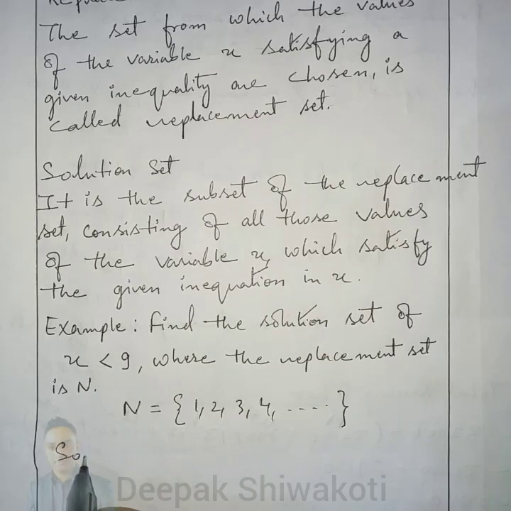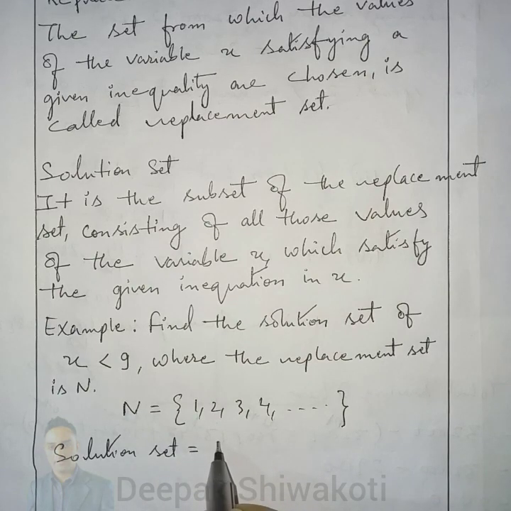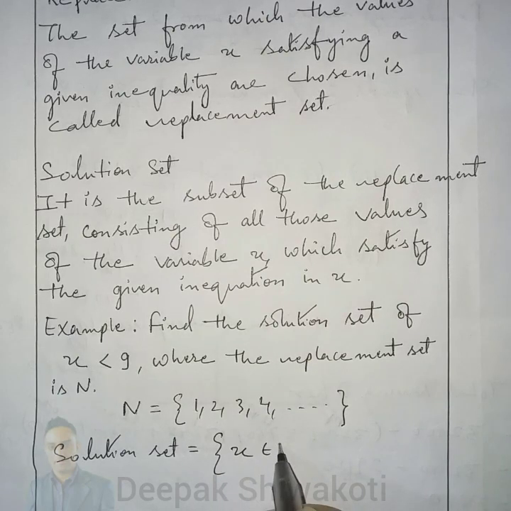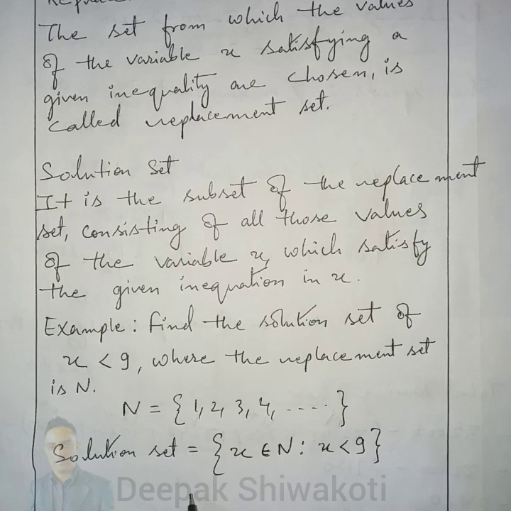The solution set will be equal to x belongs to natural numbers. This is read as 'belongs to'. x belongs to N, that is natural numbers, such that x is less than 9. So this is the condition, and we can write it in another form.